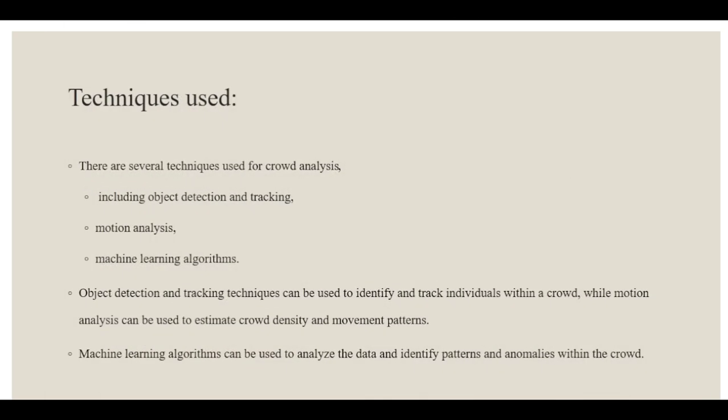There are several techniques used for crowd analysis, including object detection and tracking, motion analysis, and machine learning algorithms. Object detection and tracking techniques can be used to identify and track individuals within a crowd, while motion analysis can be used to estimate crowd density and movement patterns. Machine learning algorithms can be used to analyze the data and identify patterns and anomalies within the crowd.